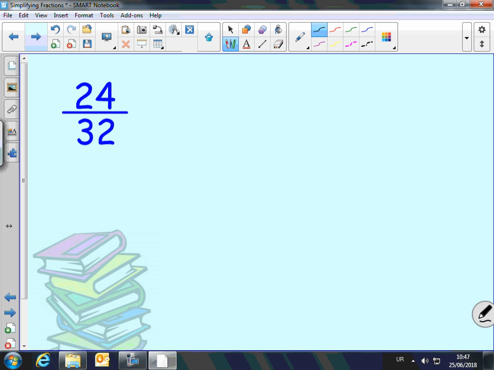The next question you had was 24 over 32. If you looked at that and thought, okay, they're both even numbers, you can divide by 2, that's totally fine. Let's just do it that way just now. 24 divided by 2 is 12, over 32 divided by 2 is 16. But then you're still left with 2 even numbers, which means they can definitely be simplified again. What's the highest common factor of 12 and 16?